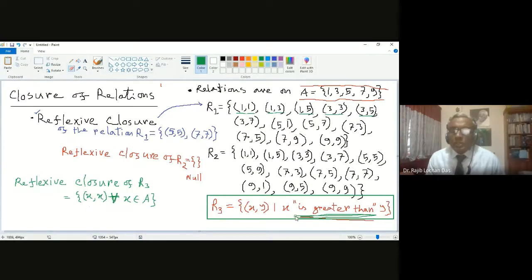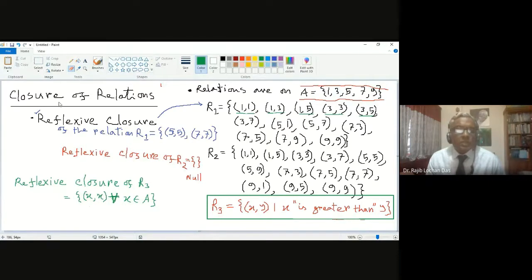So in the exam both can be given and you will write your answer logically. It's up to you how you write your answer. If you want, you can write: I do not see 1 1, I do not see 3 3, I do not see 5 5, 7 7, 9 9, only 5 elements missing.